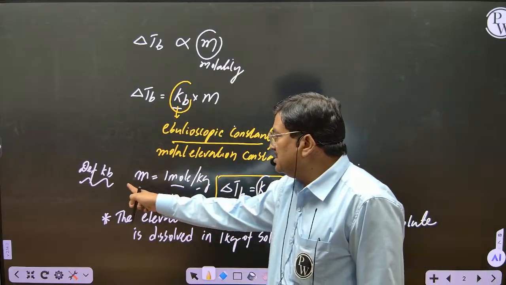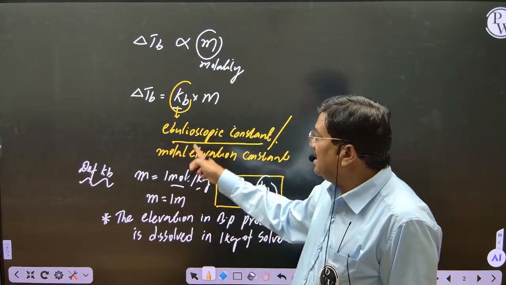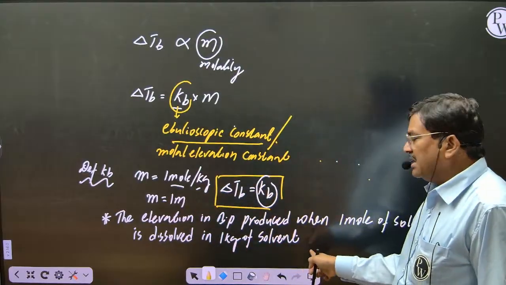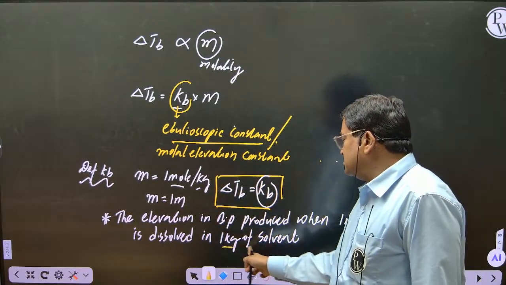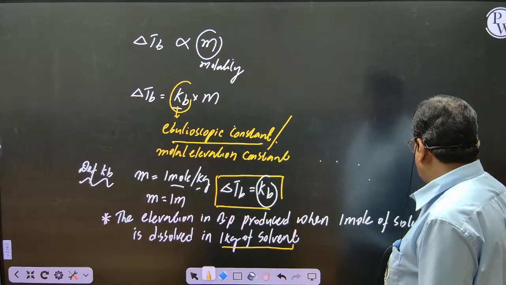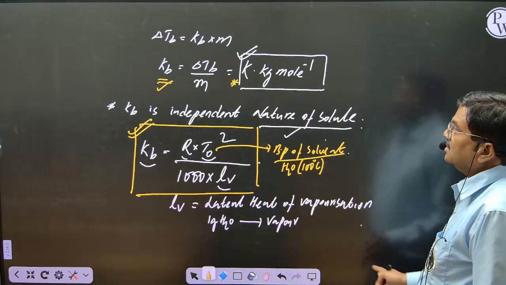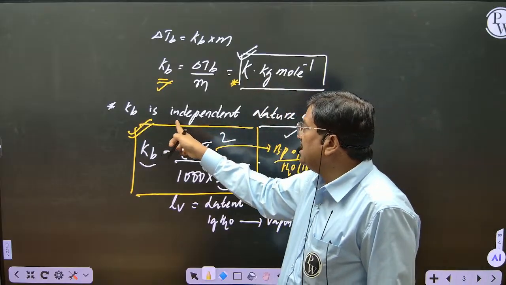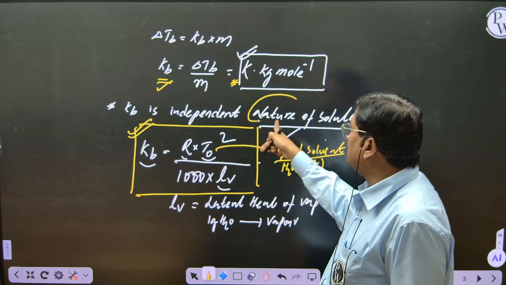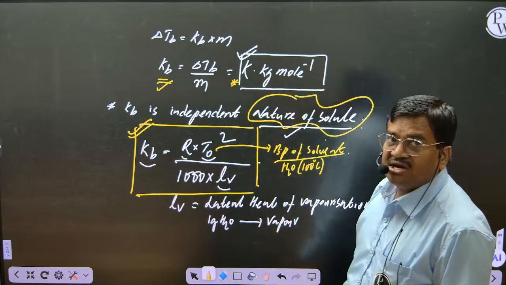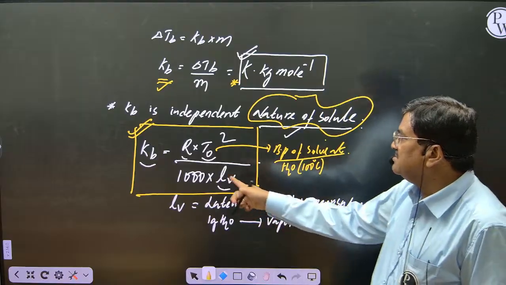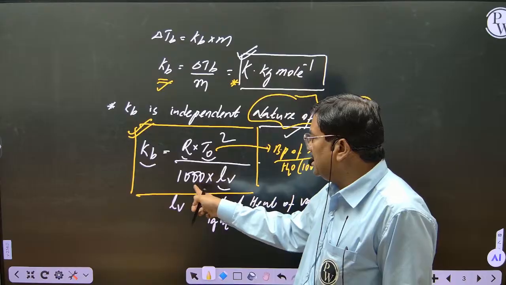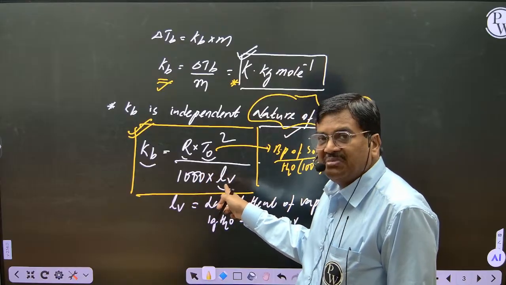Kb is defined as the elevation in boiling point produced when 1 mole of solute is dissolved in 1 kg of solvent. The unit of Kb is Kelvin kg per mole, and Kb is independent of the nature of solute. It is given by R into boiling point of solvent square by 1000 into latent heat of vaporization.